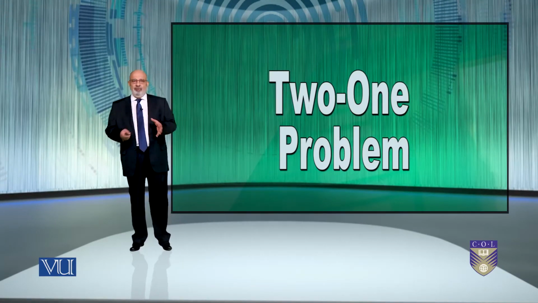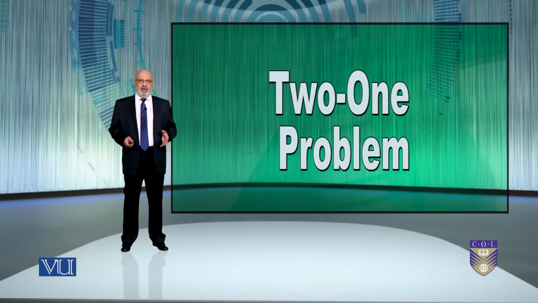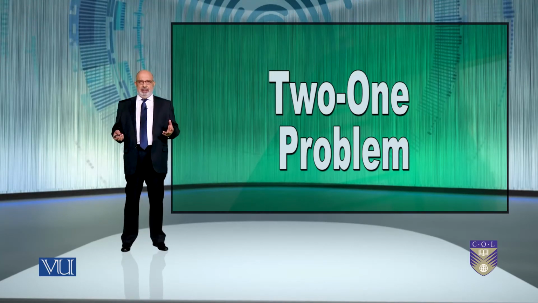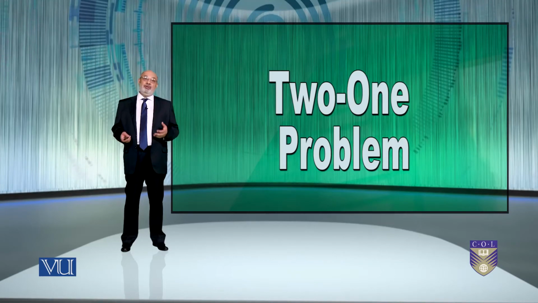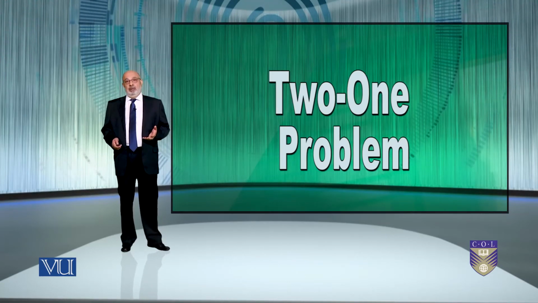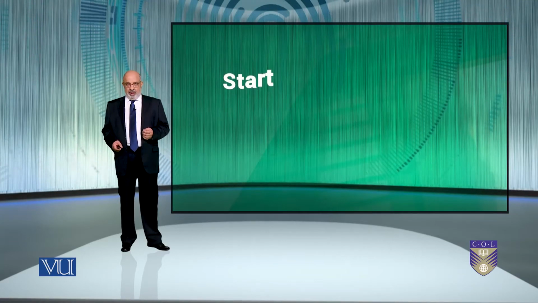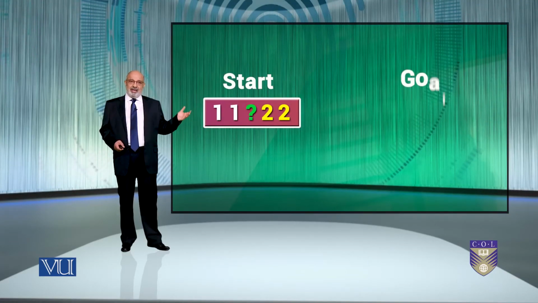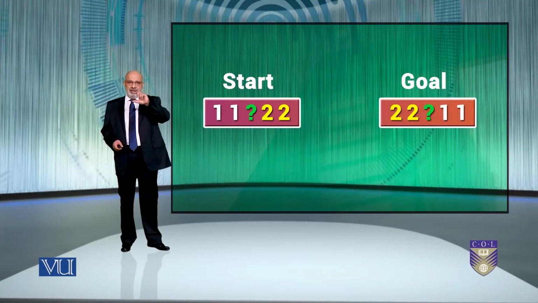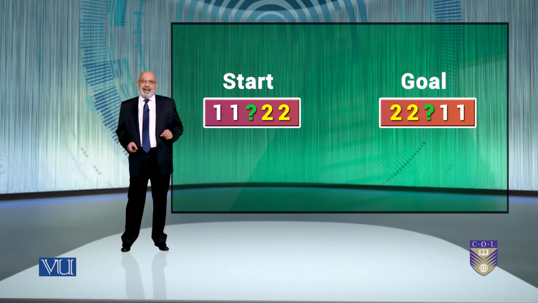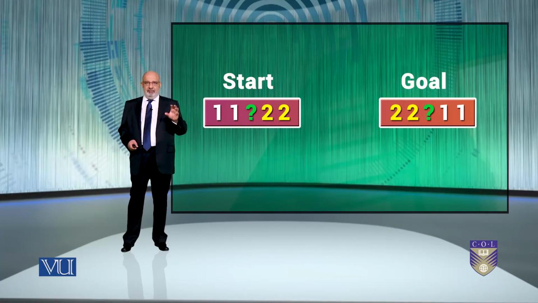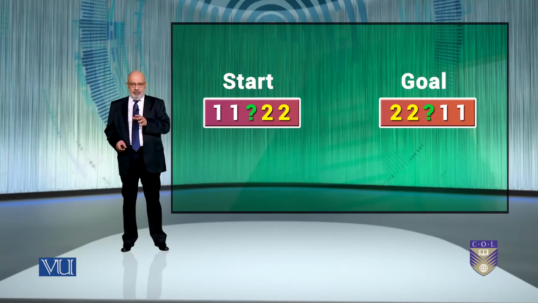What we're trying to do is define a problem statement for this 2-1 problem. And then what is the state and what are the constraints. Now looking at the diagram that you have, we have a set of tiles with 5 positions on it.